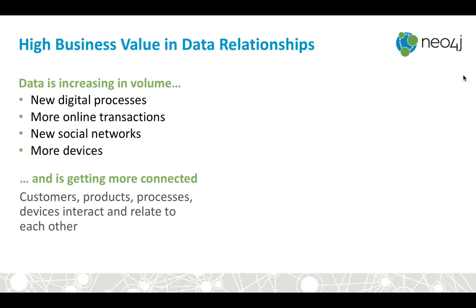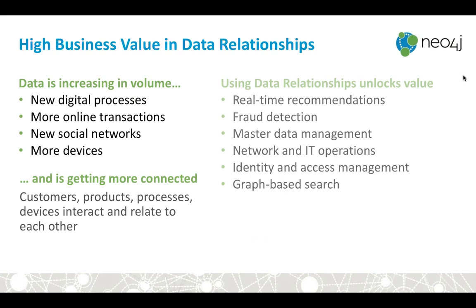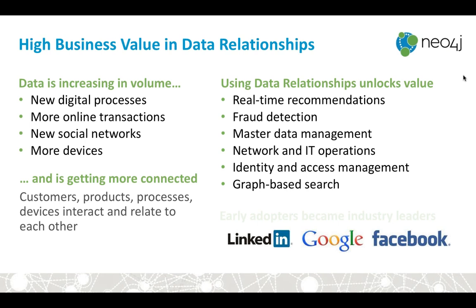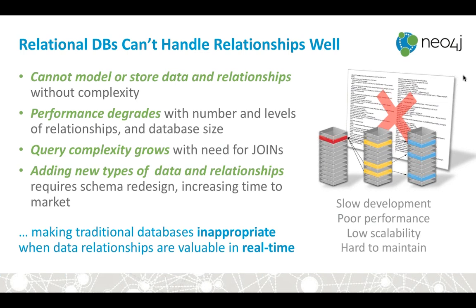If you think about your customers, your products, your processes, all of this data is connected to each other, and you want a database that makes it really easy to query that connected data, because that allows you to unlock the value in all the different use cases that we talked about earlier. Early adopters of graph database technology include folks like LinkedIn, Google, and Facebook, who recognize the power of this technology for their business problems.